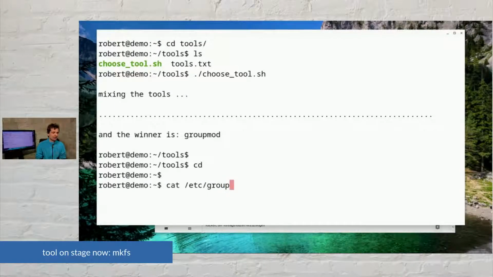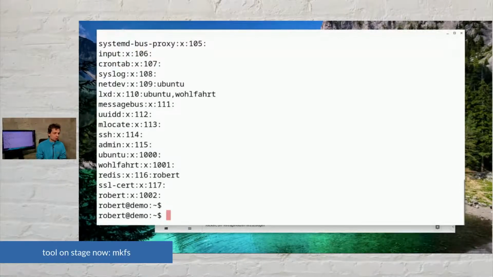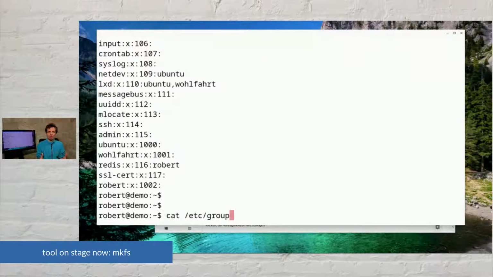And all these groups are used for giving permissions to some file or directory, something someone can do with something. And most of these groups here on the system are typically used for services that are running.